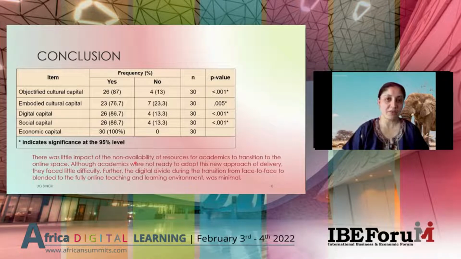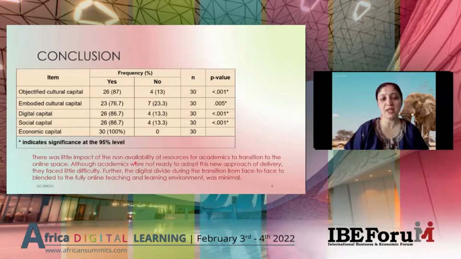So they may have faced difficulty with the digital divide during the transition from face-to-face to the fully online environment. While the perception was that this digital divide is rather great, in fact, the results are saying something else. It is saying that the digital divide was minimal.